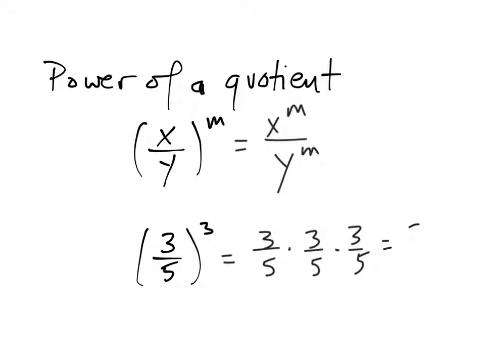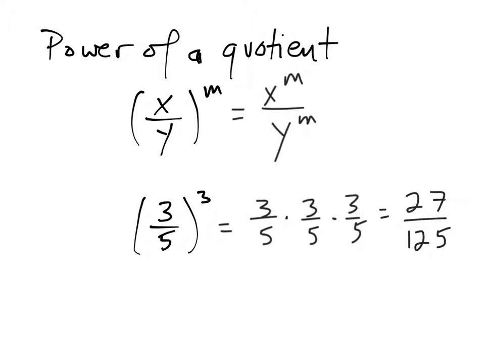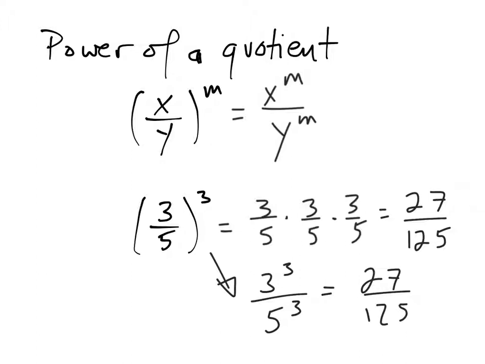And on the bottom, we get 125. Now, we can also use our new property to turn this into 3 raised to the third power and 5 raised to the third power, which will still give you the same answer, 27 over 125. So that's kind of what's happening with this particular property.